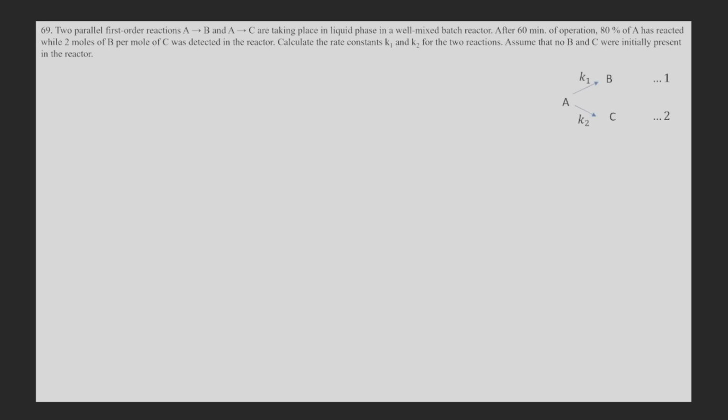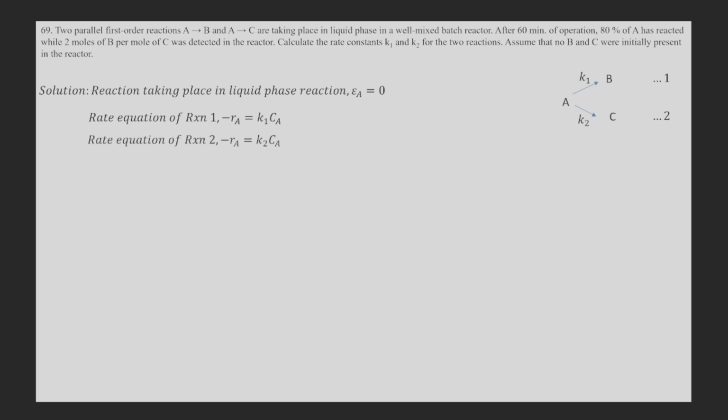Okay, so very first, this is the reaction. Mark it 1 and 2. Reaction taking place in liquid phase, so epsilon is equal to 0. That is straightforward. Rate of reaction 1, K1CA, K2CA, right? Overall reaction, K1 plus K2 times CA. See, don't add these equations. If you add, the answer will be wrong.